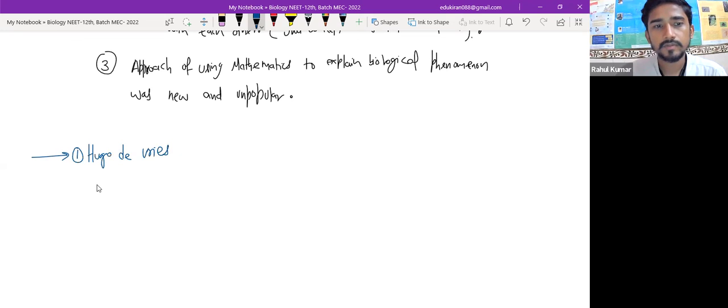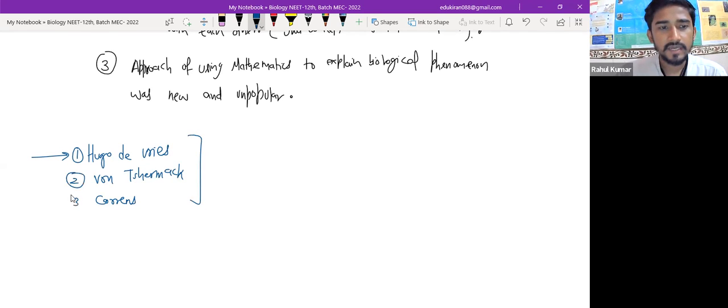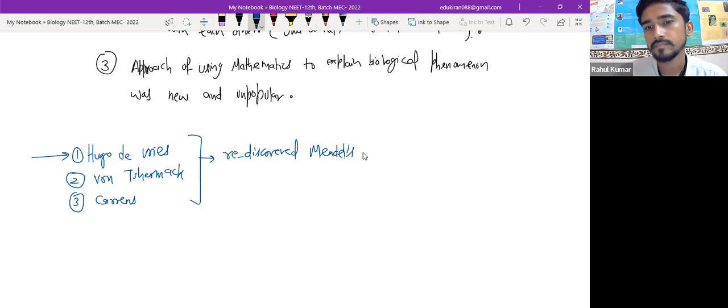Yes. Now quickly I will also tell you that there were 3 scientists: Hugo de Vries, von Schermak, and Carl Correns. These 3 scientists, write down, independently rediscovered Mendel's work much after he had given it, and he was gone, and gave the work the status of laws.